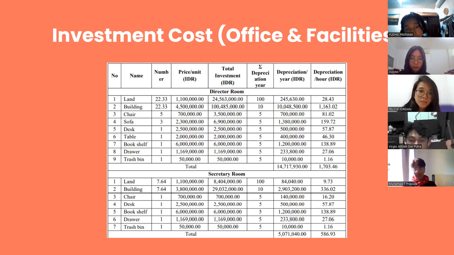For example, in the director room, there are 9 investments present, and we also calculated the total amount, and the same for the secretary room with 7 items, and we also calculated the depreciation per year and per hour.